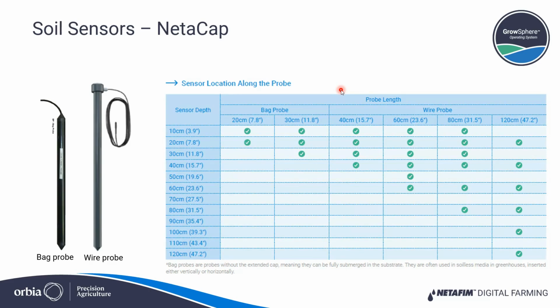A shorter probe will ease the installation. If there is no need for a long one, use the short one, because then you will have better control of the installation process and eventually you will have better results.